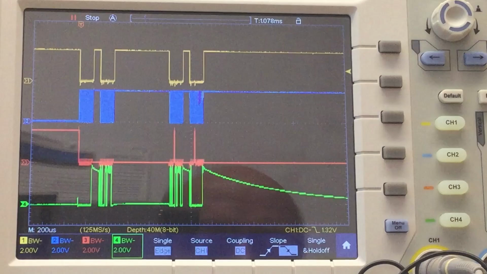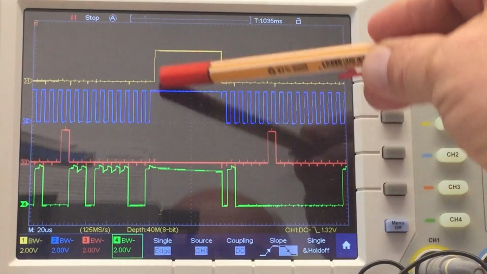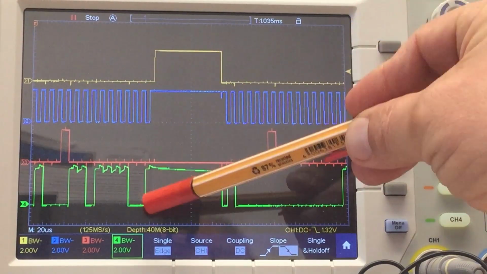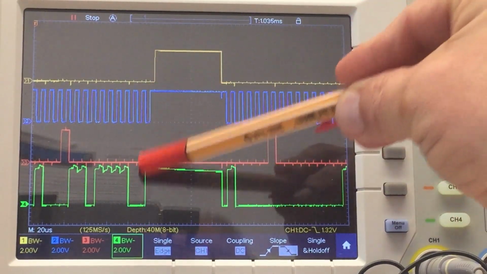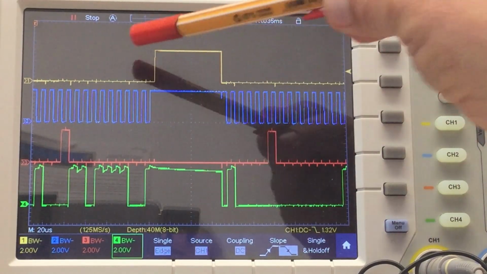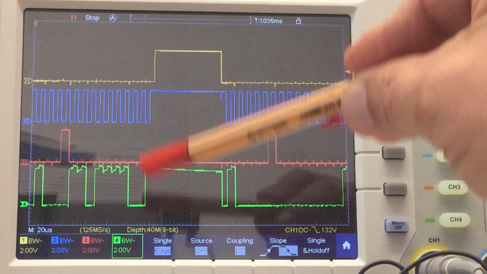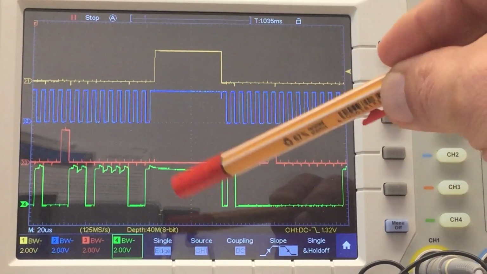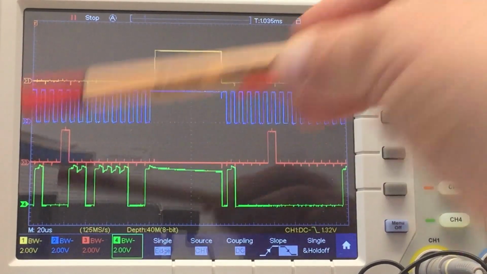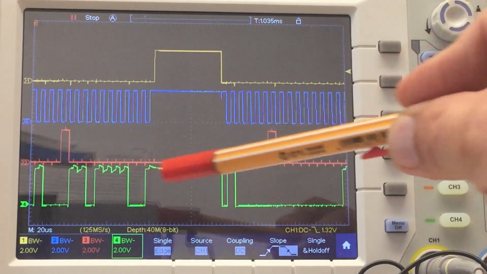Please note when we zoom in here, we end the transaction on a high bit. So the bus is high, and then chip select goes high. And then our SPI chip goes into high impedance mode.